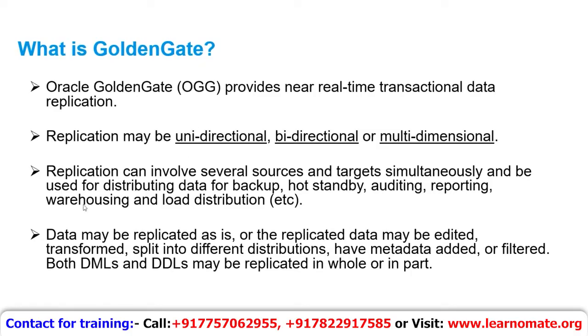Transformation means, say for example, on source you have salary and commission columns in a table. On target, you only have a salary column. You want the combination of salary and commission to be replicated to the target salary column. It is possible. If you want to add extra columns, like source has 4 columns and target has 8 columns, you can use GoldenGate for that purpose.